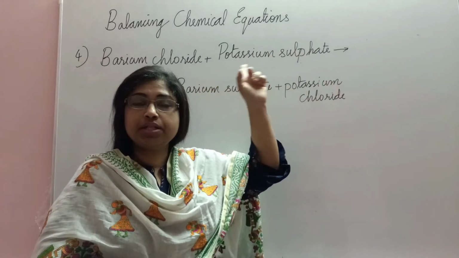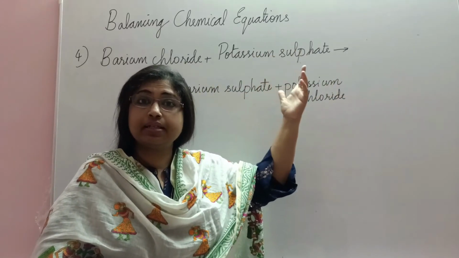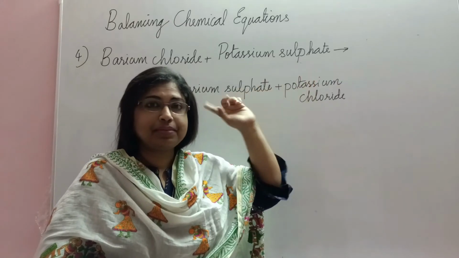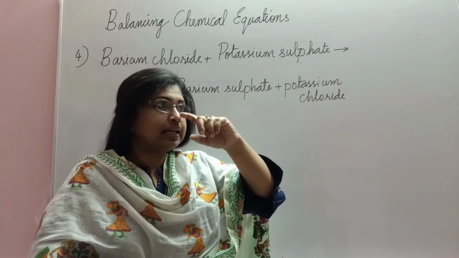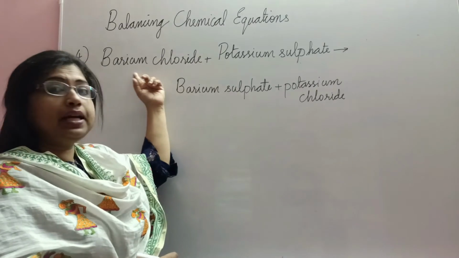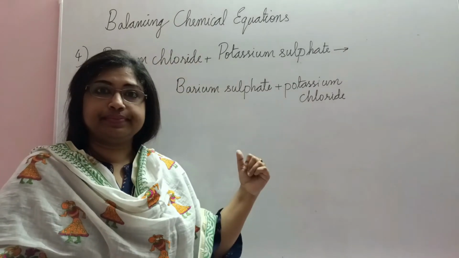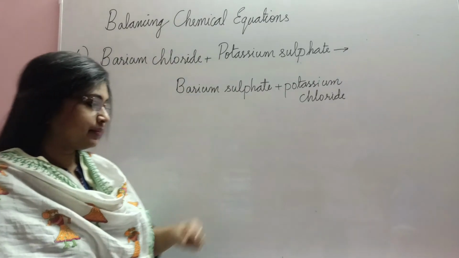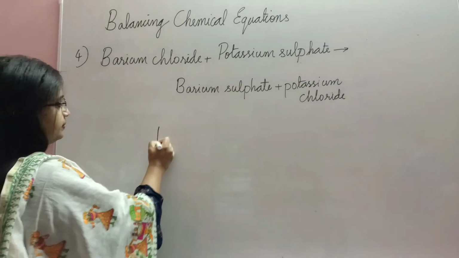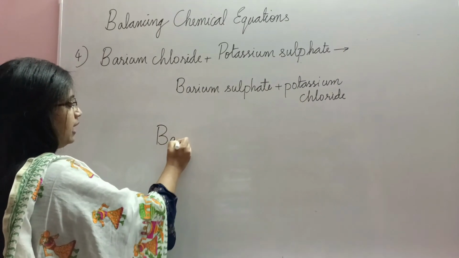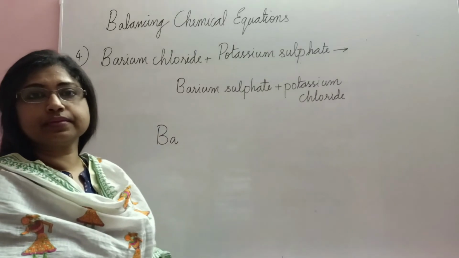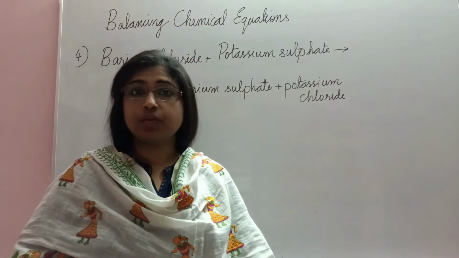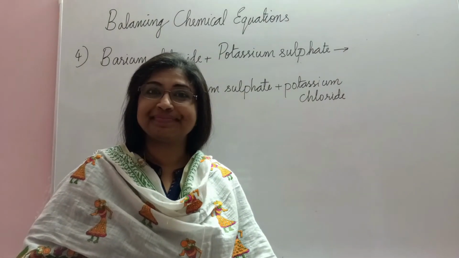You have learned about polyatomic ions and their examples in class 9. Please recall it. Now, barium is a group 2 metal. Its symbol is Ba. Now the next question is, what is the valence of barium?